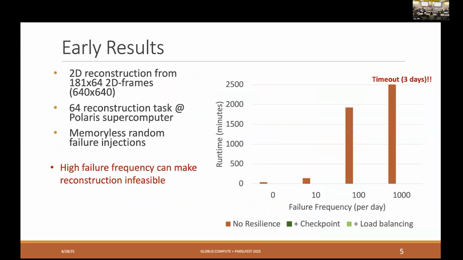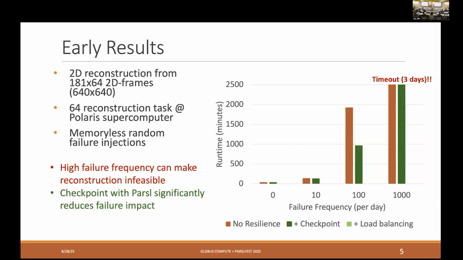You can see that without the resiliency introduced by Parsl and by our load balancing mechanism, the runtime skyrockets as we increase the number of failures. When we have around 1,000 failures a day, it becomes infeasible, where the workflow takes more than 3 days to complete.